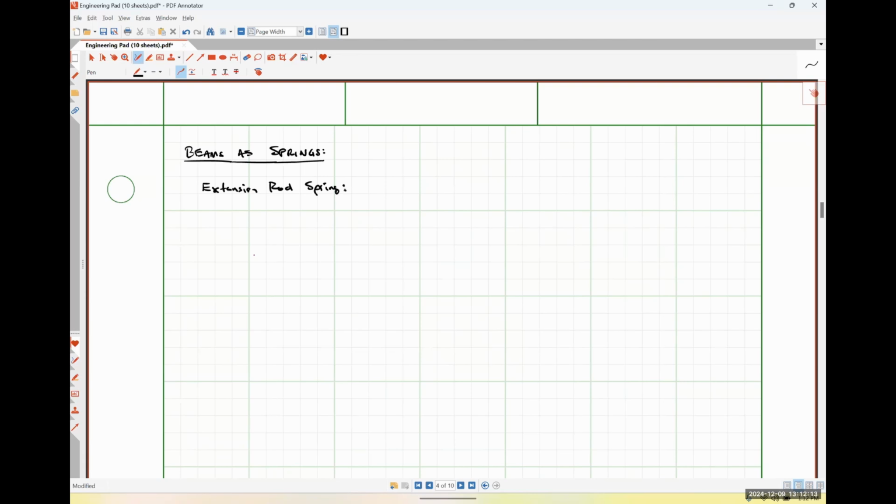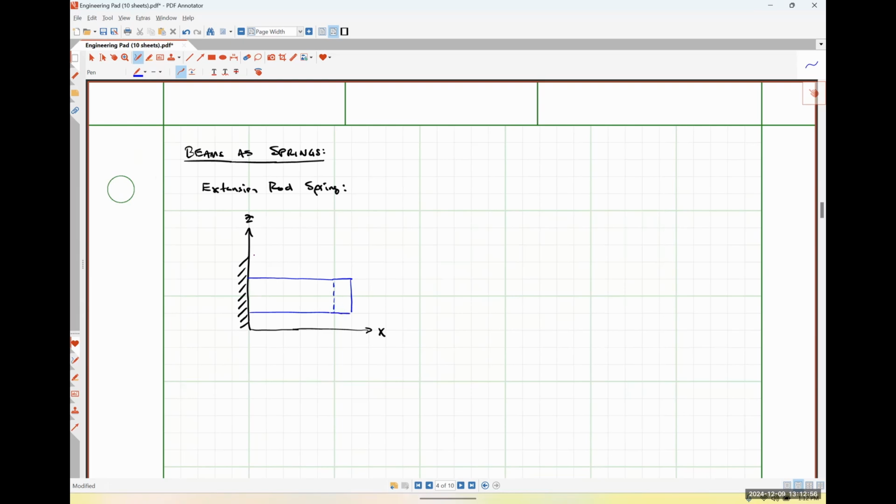So if we define this as our Z direction, and these lines here are just representing that this is our anchor point effectively, we're going to define this as our X direction. We learned not too long ago, within the last 20 minutes or so, that I can apply a force to a beam like this, and I expect it to get longer.